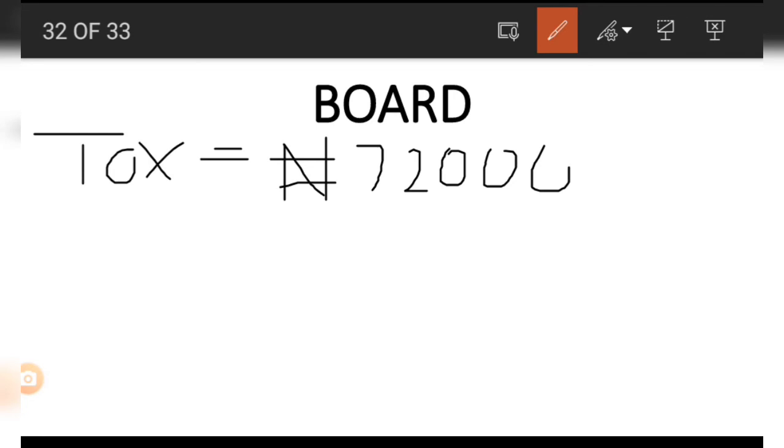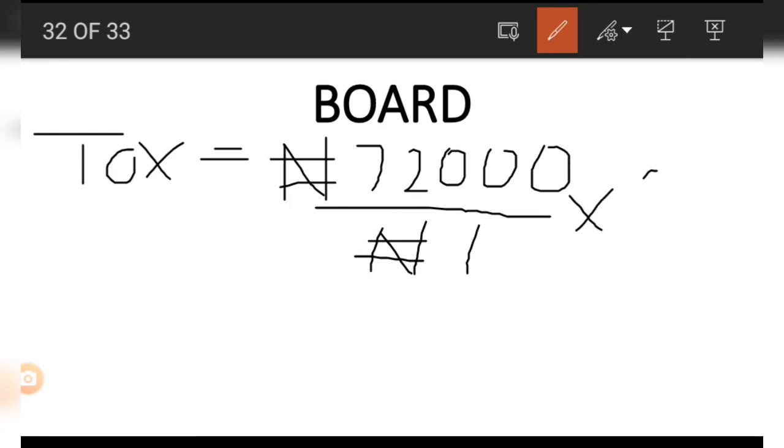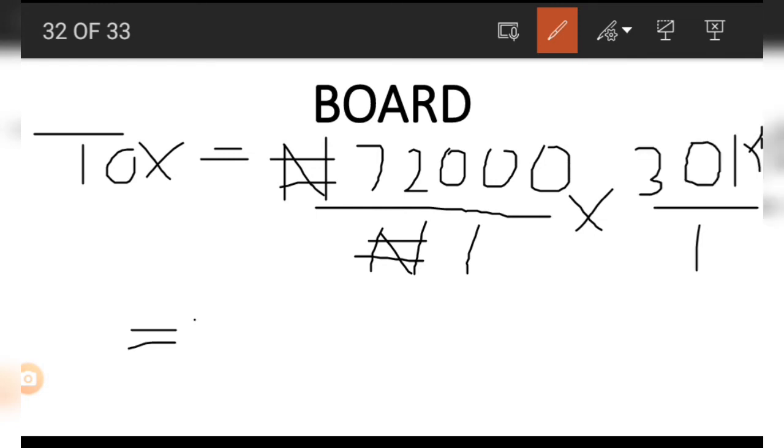Now from this, he is to pay 30 kobo on the naira. That is, every 1 naira he pays 30 kobo as tax. So we say, therefore, tax is equal to the taxable income, which is 72,000 naira over 1 naira, multiplied by 30 kobo over 1.